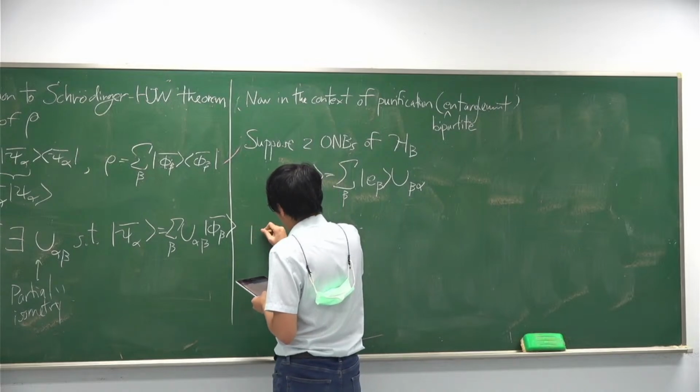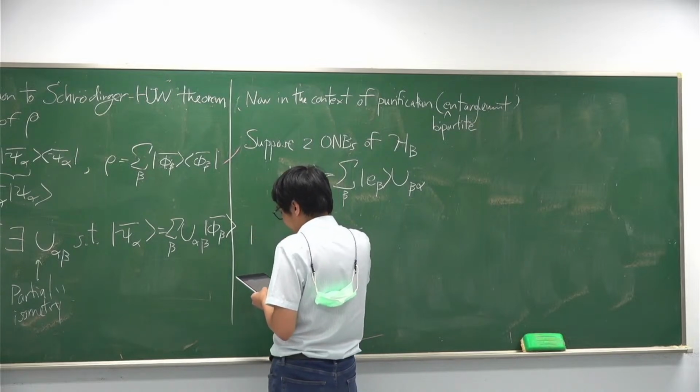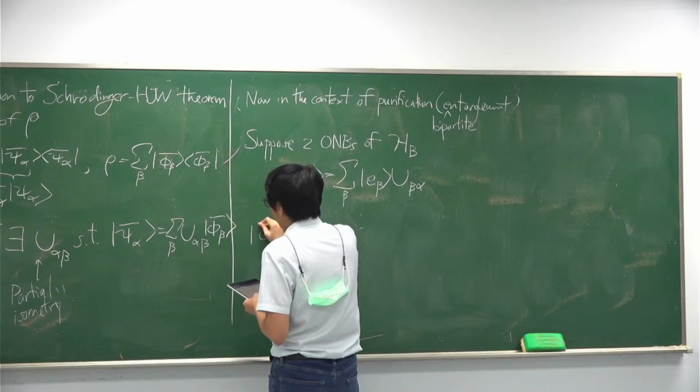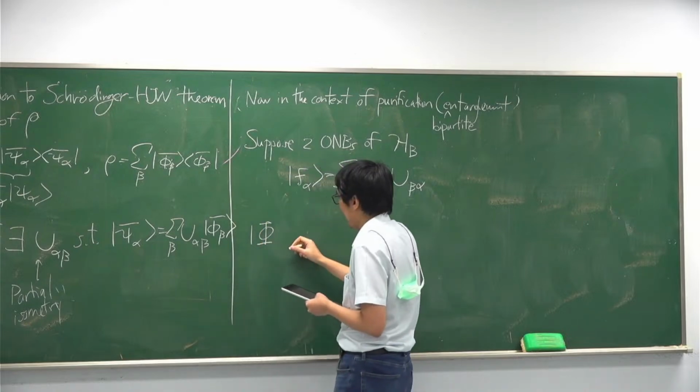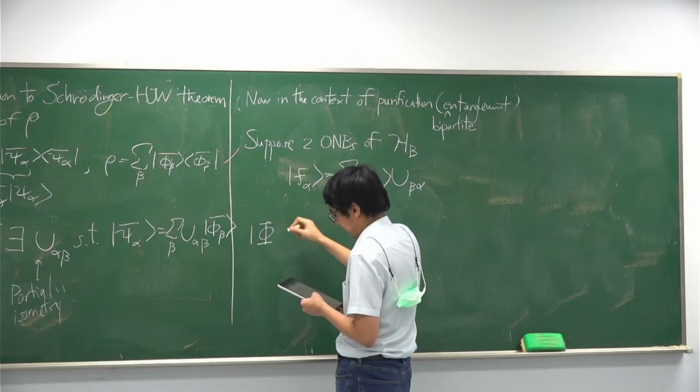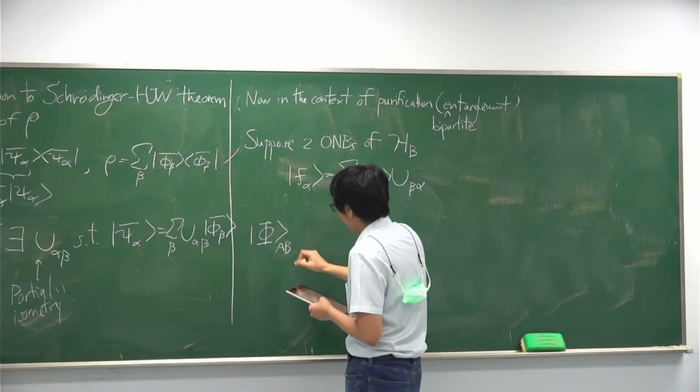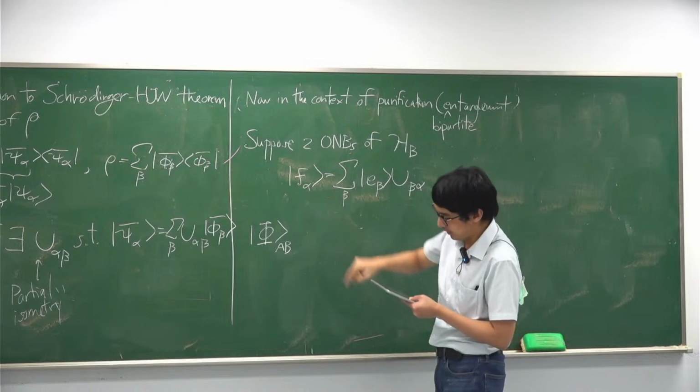And then let's say that I have a purification. Let's add a hat here to distinguish it from phi over there.